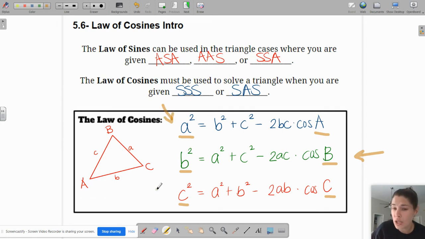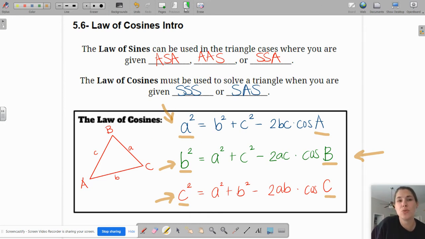So if you're looking for an angle, it's going to show up over here. If you're looking for angle A, you use this equation. If you're looking for angle B, you use this one, and C, you use this one. And depending on what side you're looking for, you use whatever shows up over here. So if you're looking for side A, you use this equation, and likewise for side B and side C.